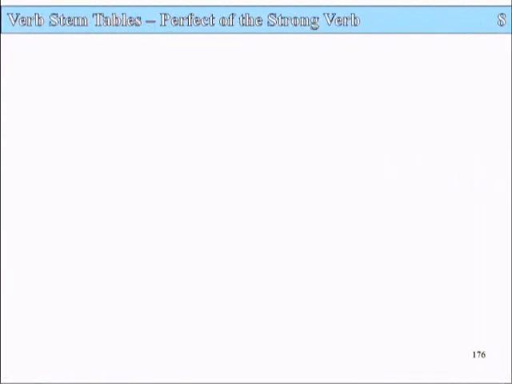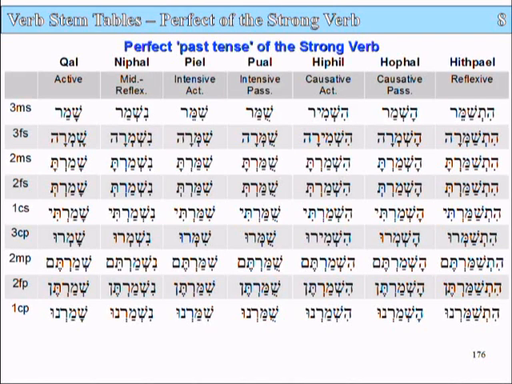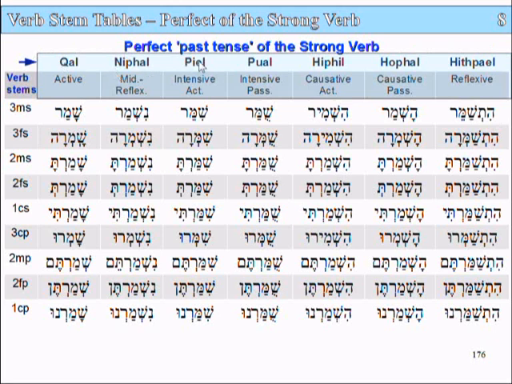Slide 176, Lesson 8, Verb Stem Tables, Perfect of the strong verb. Okay, well, here we have the perfect past tense table of the strong verb, and it doesn't just contain the kal form of the perfect, but it also lists all the other stems: nifel, pile, puel, hifel, hofel, hithbaal.